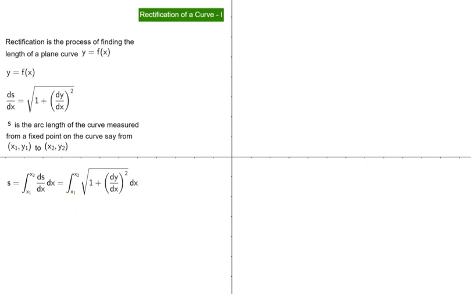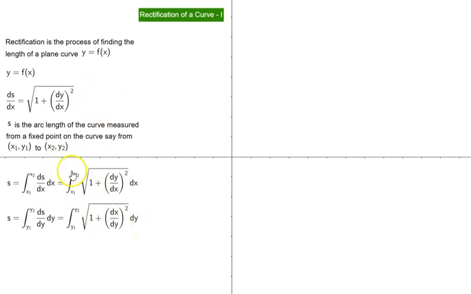Or if you want to look at it with respect to y, we have s is equal to integral from y1 to y2 of ds by dy is equal to the integral from y1 to y2 of square root of 1 plus dx by dy the whole square dy.